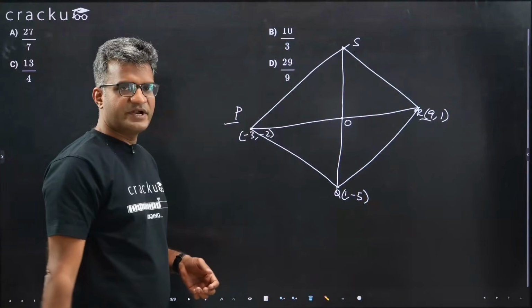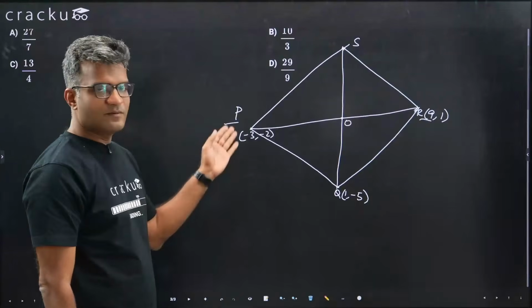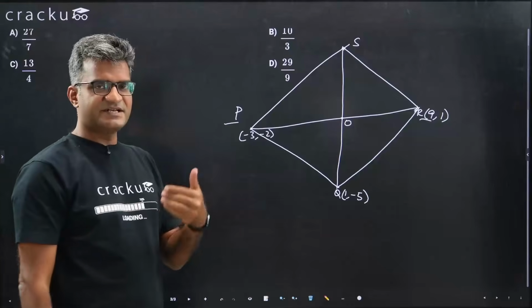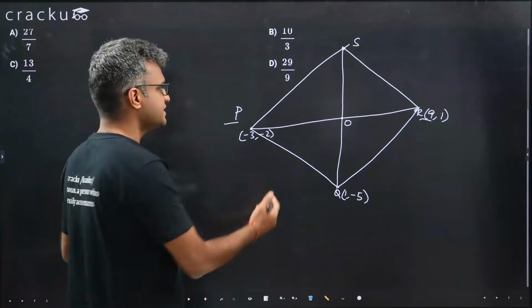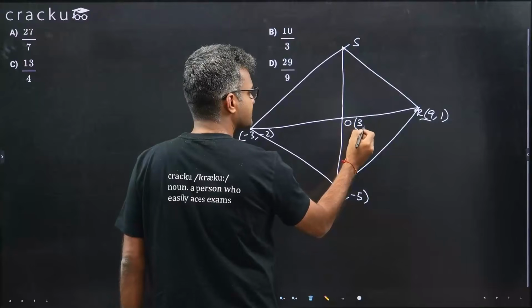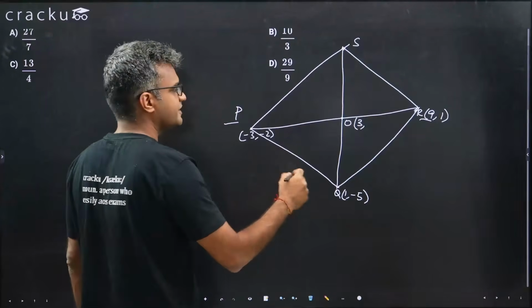What is the midpoint of P and R? You just take the sum of the x coordinates divided by 2, the sum of the y coordinates divided by 2. Basically the average of the x and y coordinates. This will be minus 3 plus 9 by 2, which is 3, comma minus 2 plus 1 by 2, which is minus 1 by 2.